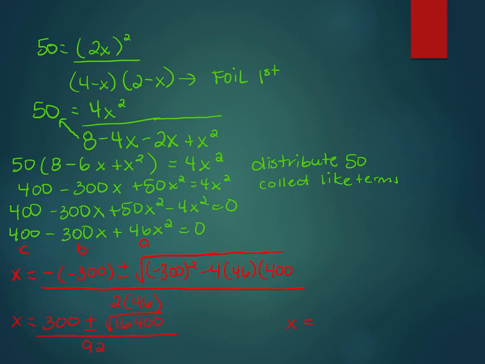So then we're going to get two numbers. So we're going to have 300 plus and minus.